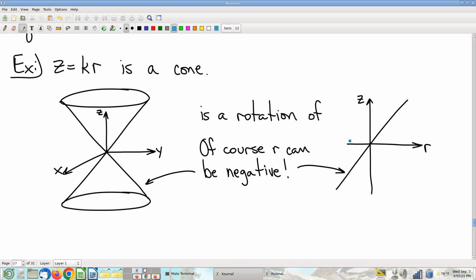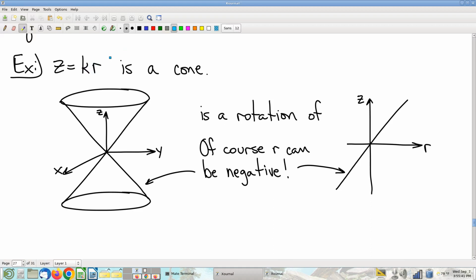One confusing thing about this, some students do get a little stuck on the idea. Wait a second, I thought r was the square root of that. Doesn't that mean r is positive? And if r is positive, doesn't that mean z is positive? What's going on below the xy plane? Answer: no. r does not have to be positive. There's no such rule.